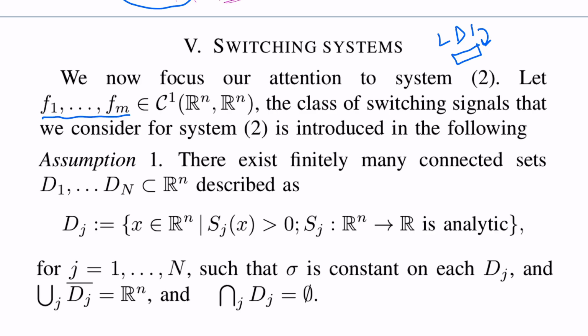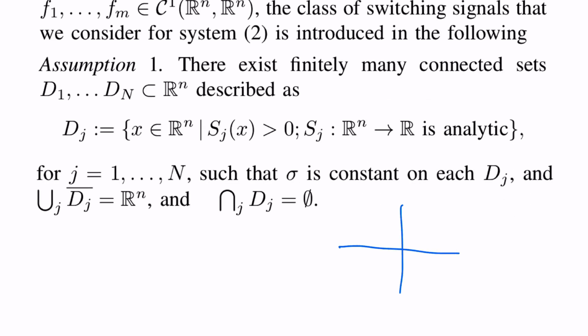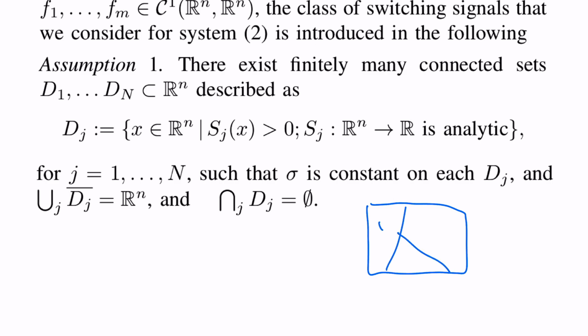And first of all, we need to divide the state space. Why? Let's say we have a state space, and then we need to say that here, when we are here, subsystem 1 is active. When we are here, system 2 is active, and here 3.